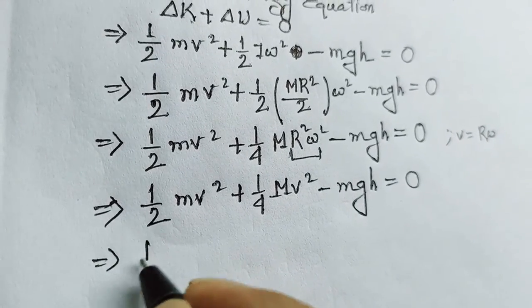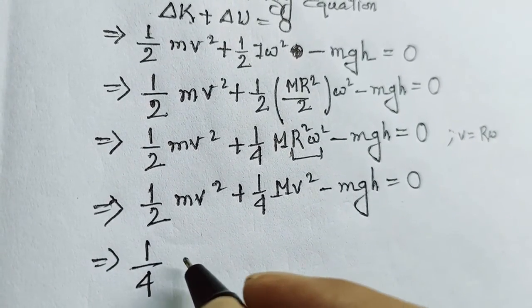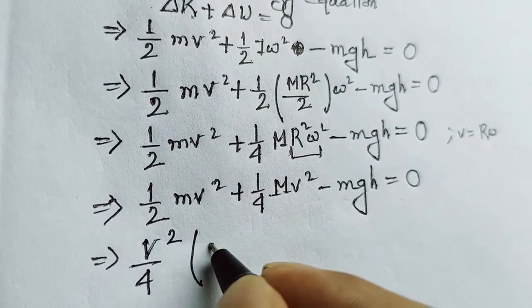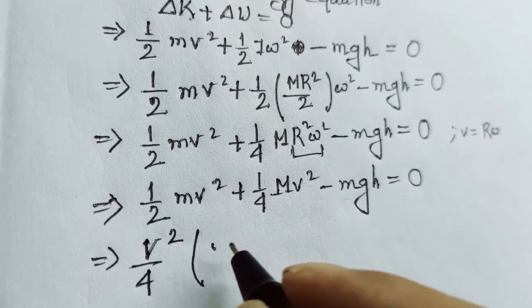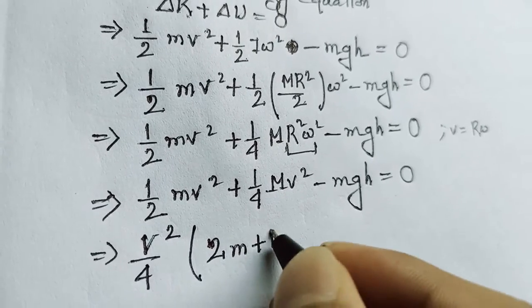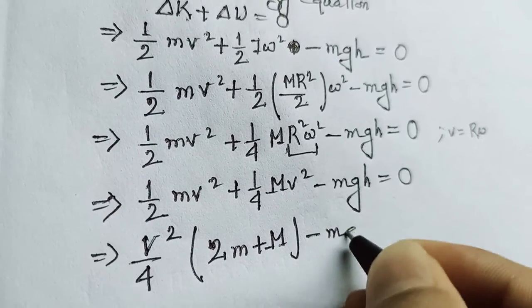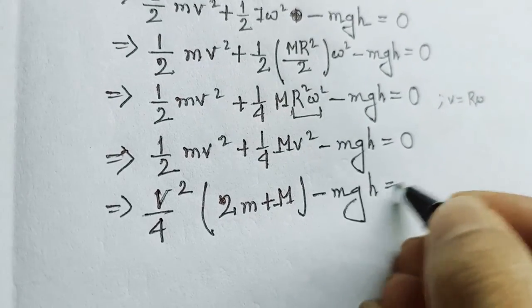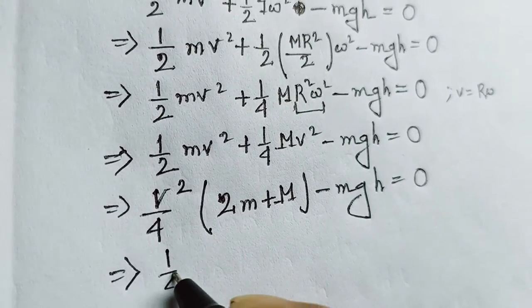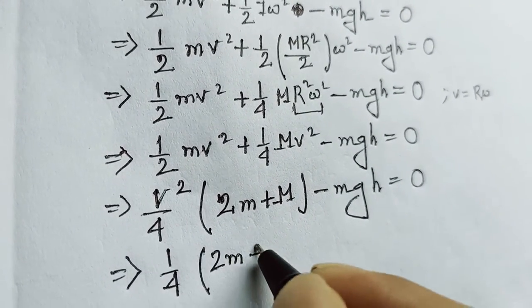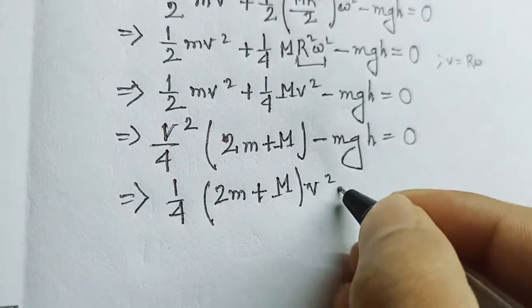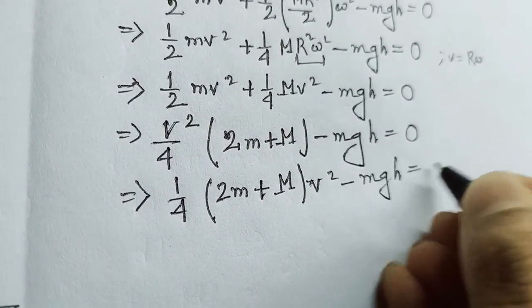Now we can take 1 by 4 as common and v square is again common, then v square by 4 is common, then our term is 2m plus capital M minus mgh is equal to 0. So our equation is 1 by 4, 2 small m plus capital M, into v square minus mgh is equal to 0.